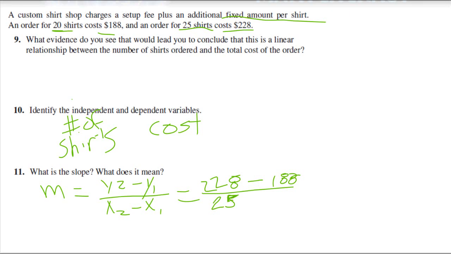So 228 comes first. My 25 has to come first. And so the 20 then goes with my 180. And I have 40.